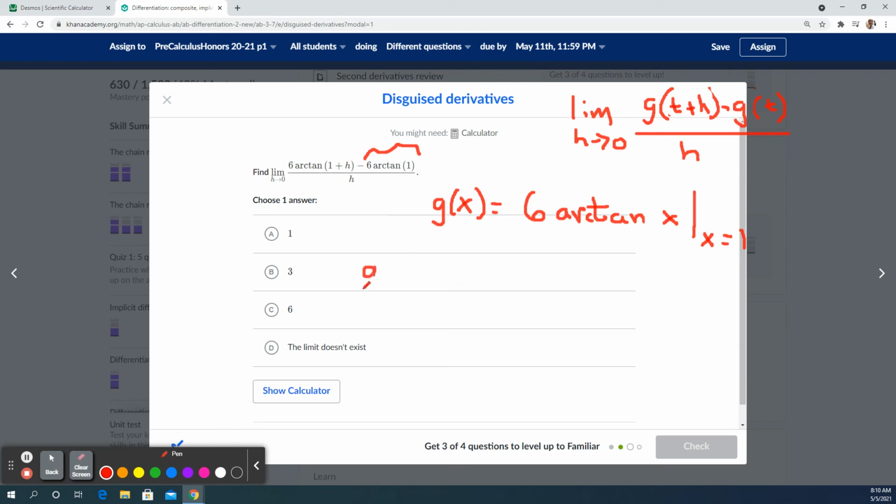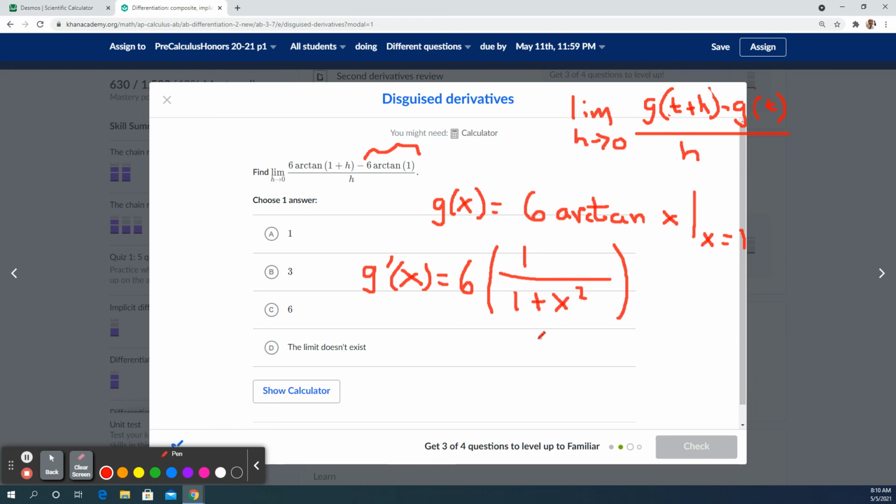So then g prime of x is equal to, not worried about the 6, arctan. In my notes, the derivative of arctan is 1 over 1 plus x squared. I have that in my cheat sheet. I don't have it memorized, so anything you don't have memorized, write it in your cheat sheet. And that's it.